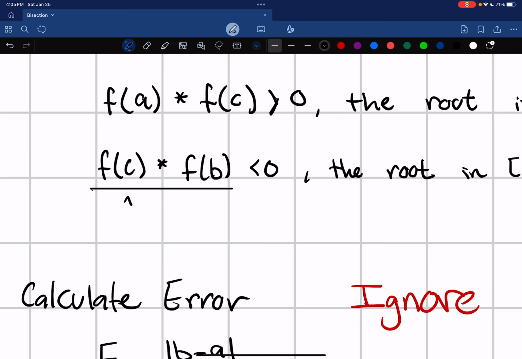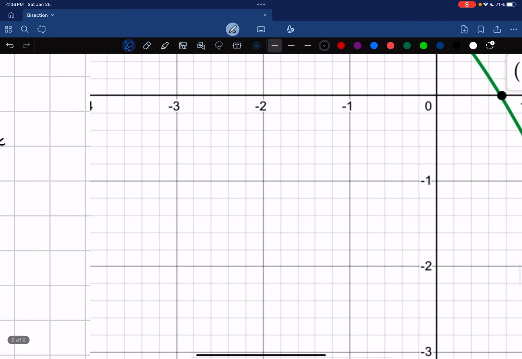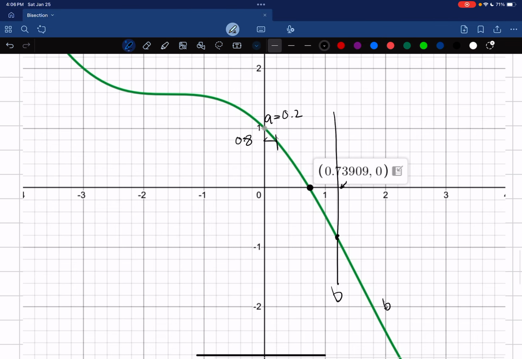If this is positive and this is negative and I get less than 0, then the root is from C to B, right? If I split it in half, remember, this is my new B now. Let me clean it up. This is my new B here, and this is my new A.